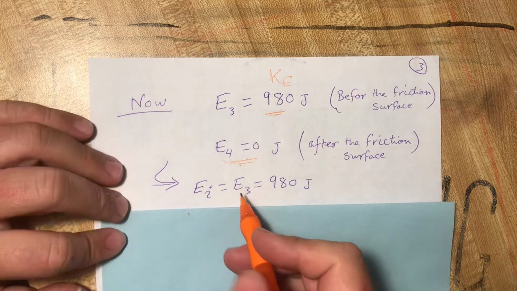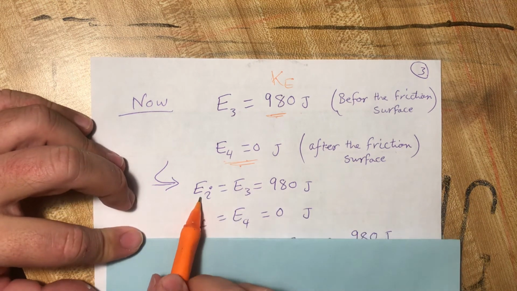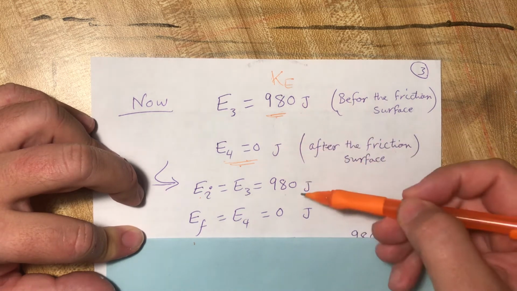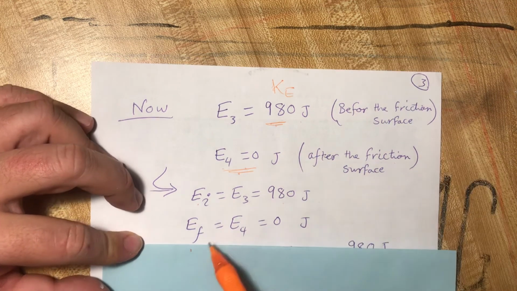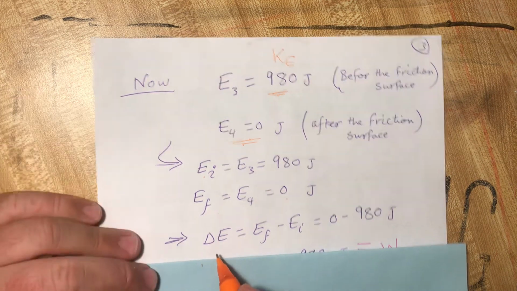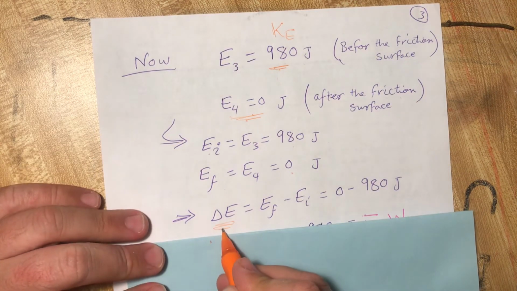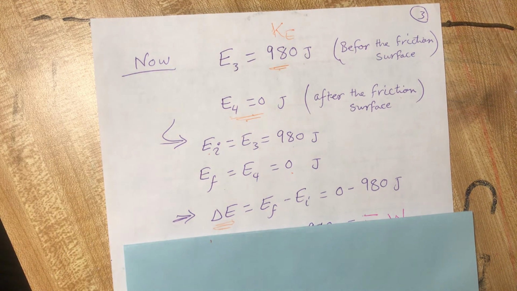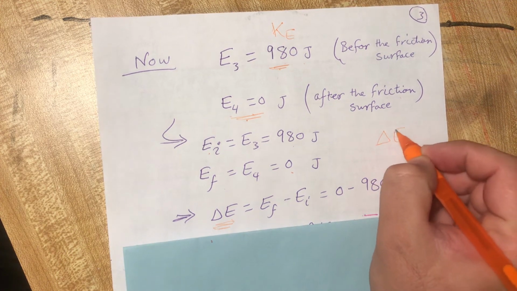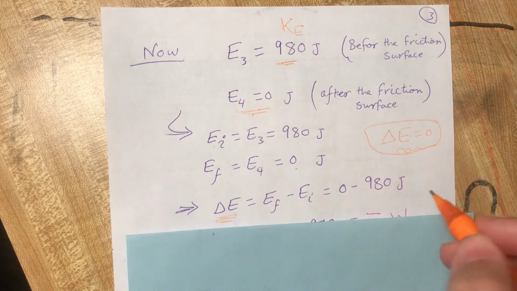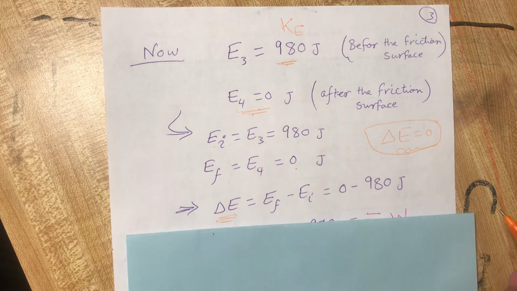So the initial energy is at point number 3, which is 980, and the final energy is 0. Now the change in mechanical energy should be zero for conservative forces, delta E equal to 0, but it is not 0 for non-conservative forces.